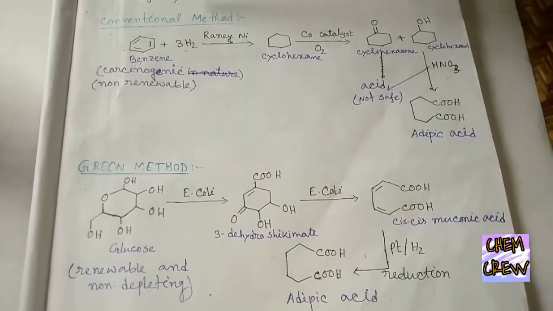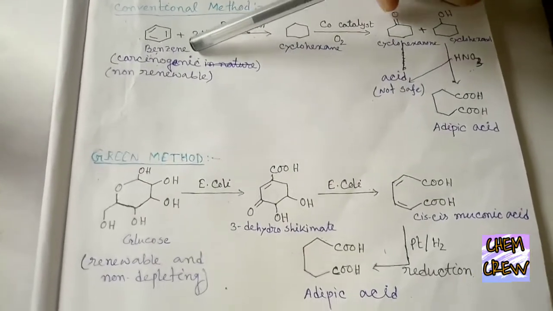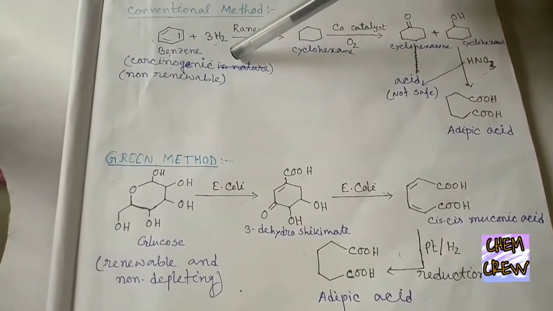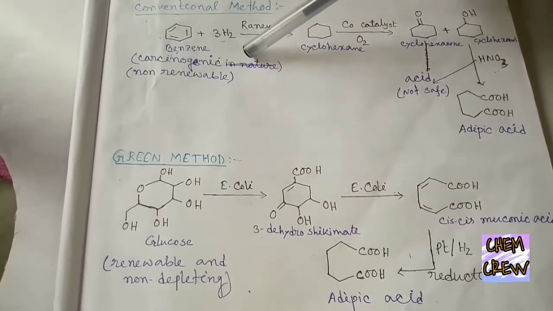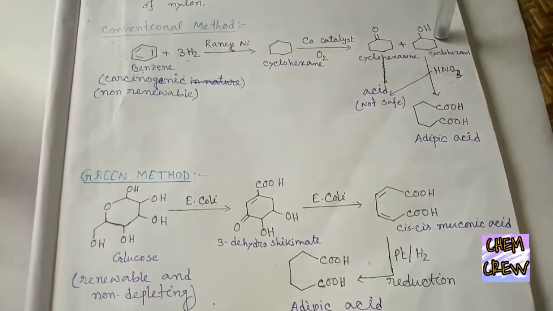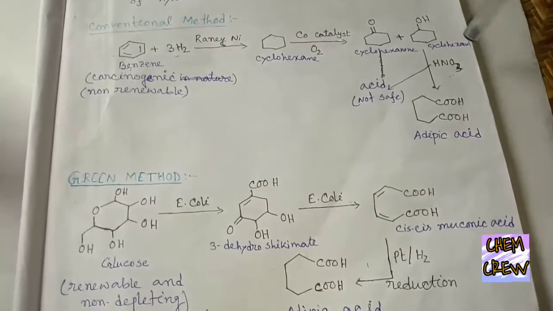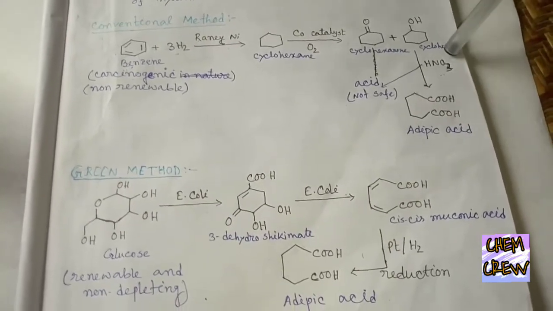Now comparing these two methods, in the conventional method we used benzene as starting material, and benzene is carcinogenic in nature. Carcinogenic means the substances that can cause cancer, and it is also non-renewable. And here we treated cyclohexanol with nitric acid.